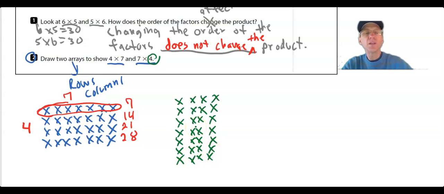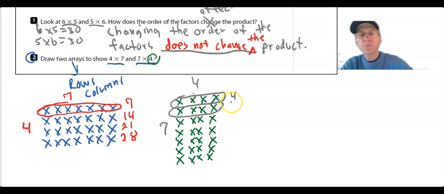So this time, look, I am counting by 4s. So here's my 7 rows, 4 in each. 7 times 4. So now I've got a group of 4. That's 4. One more, another group. 8 altogether. How many now? 4, 8, how many? 12.